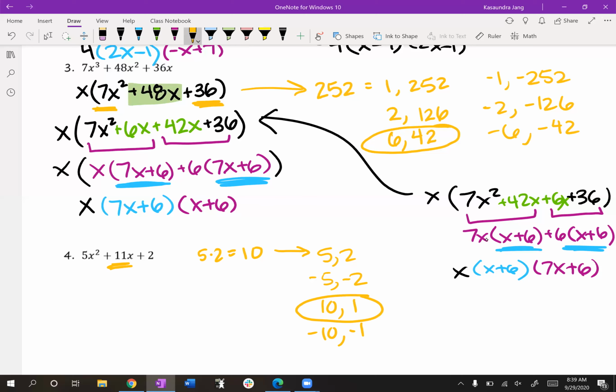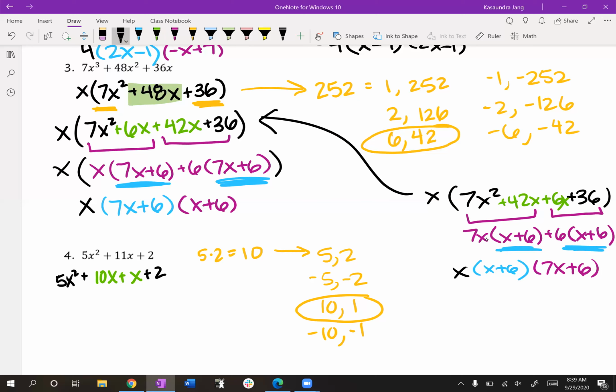So I'm going to go with 10 and the 1, and I'm going to break the 11x down into a 10x plus a 1x. I don't really need to put the 1 in front of it. I'll just put 10x plus x. And the rest of it is still the same. I still have the 5x squared and the 2.